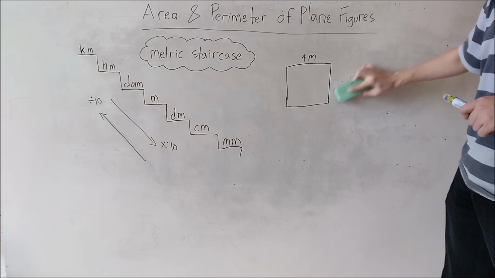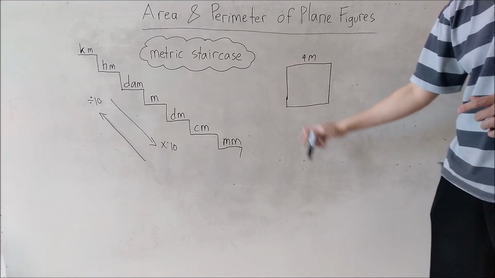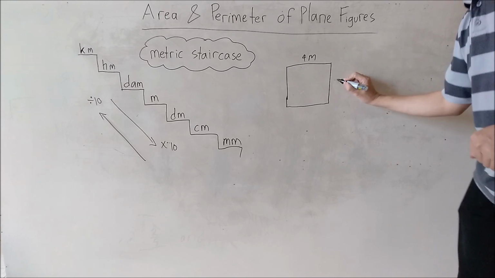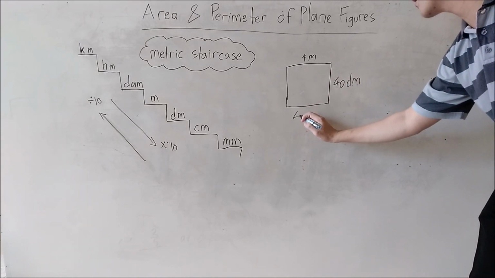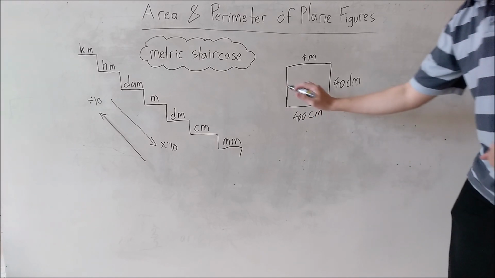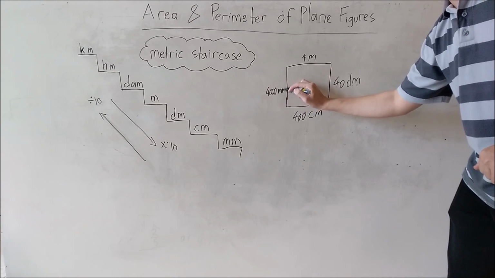It works as well when I say I have 4 meter for the side of the square. That's also equal to 40 decimeter. It's also the same as 400 centimeter. It is also the same as 4,000 millimeter.